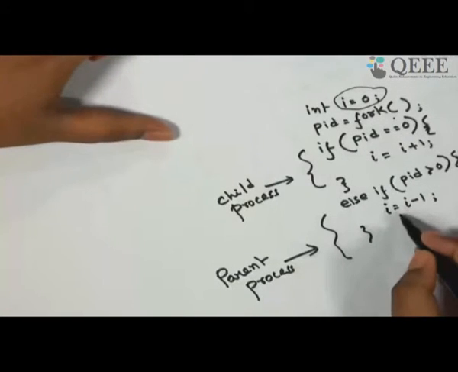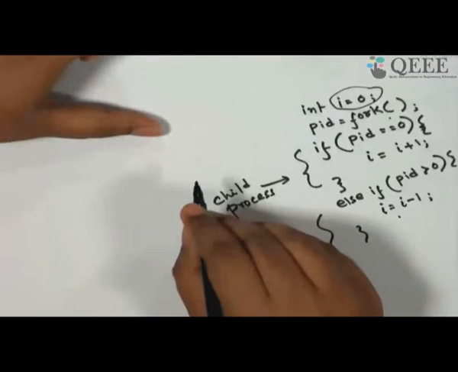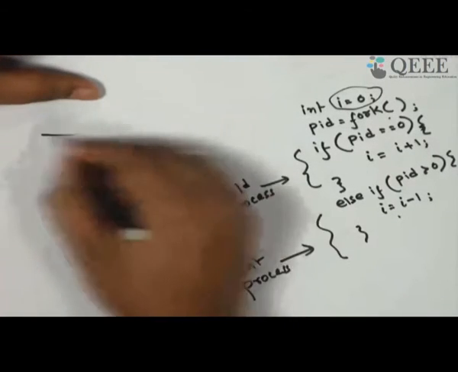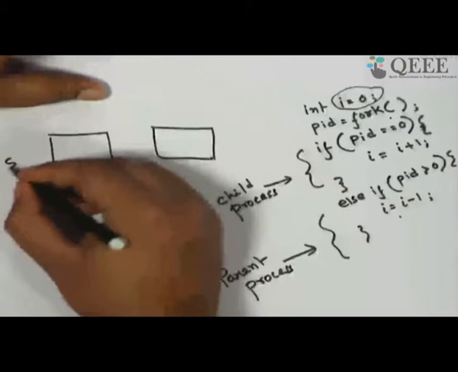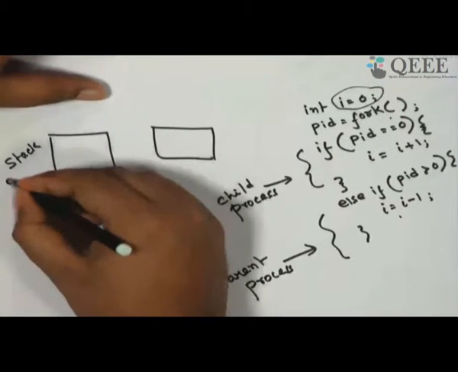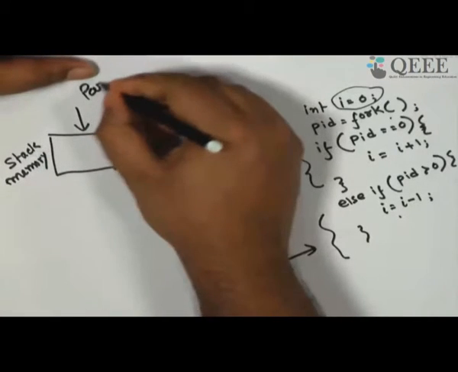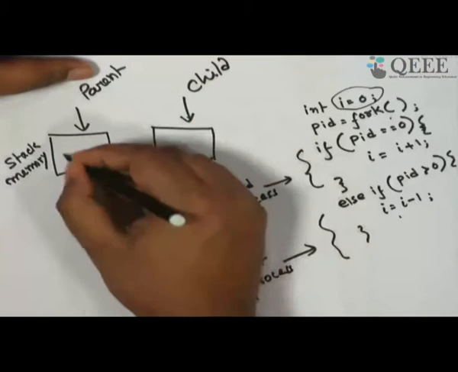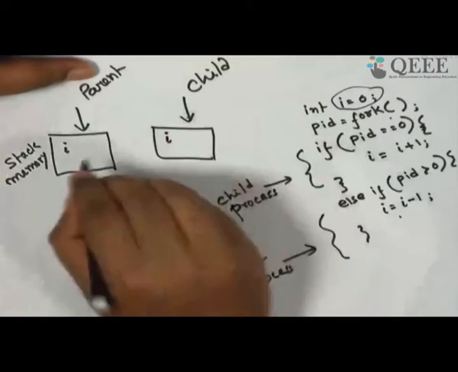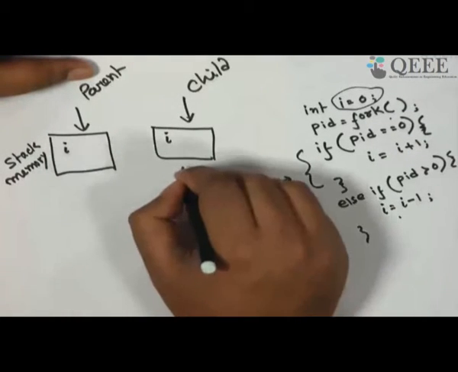Now i is not a shared variable between the child and the parent, because the stack memory space is completely different for the parent and child. So this is the stack memory space, this is the memory space for the parent and this is the memory space for the child. Now parent and child will have a completely different instance of this local variable i.